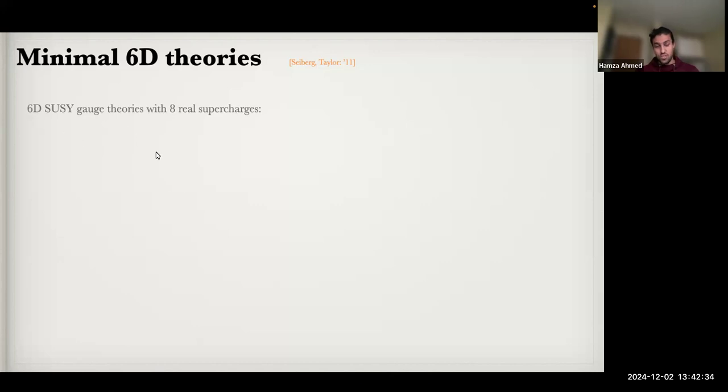These are just 6D supersymmetric gauge theories with 8 supercharges. The gauge algebra is some product of gauge algebra factors. Throughout this talk, I'll focus on the algebra and not the full group, and that's what's relevant for what we're doing. But it is obviously an interesting question how what we're doing extends once you include the full gauge group.